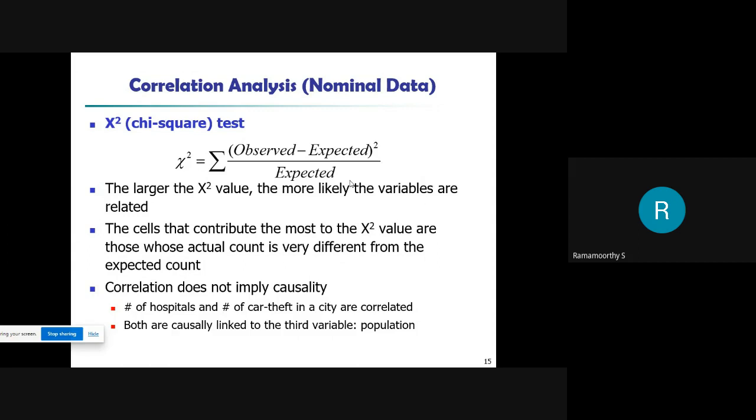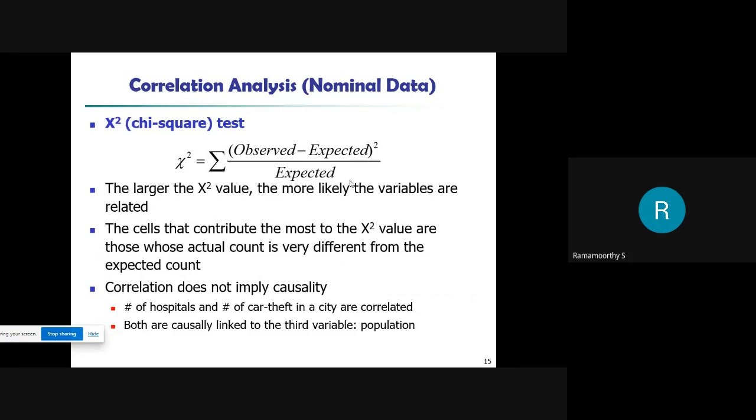Correlation does not imply causality. The number of hospitals and the number of car thefts in a city are correlated. You can see that both are causally linked to a third variable, namely the population.